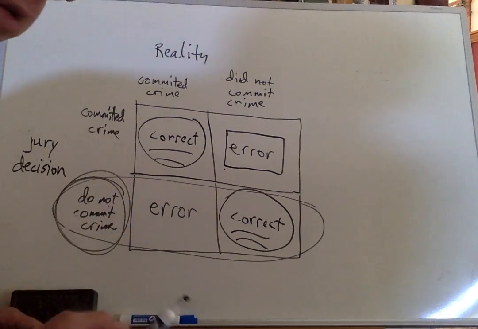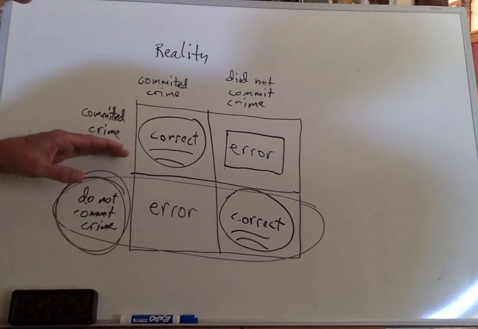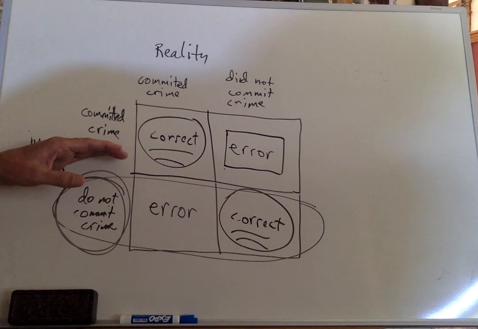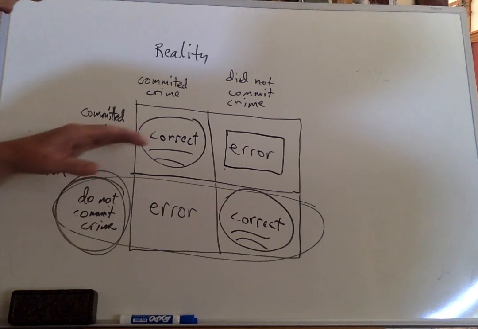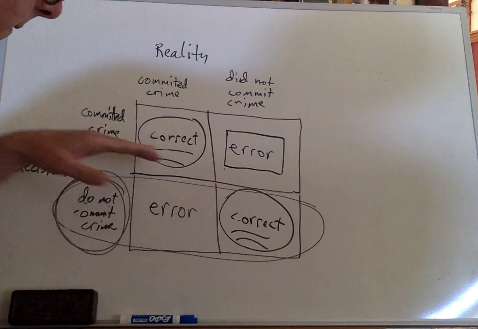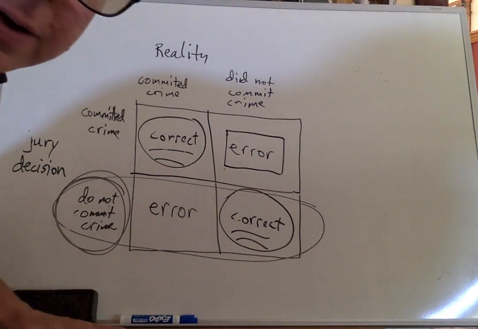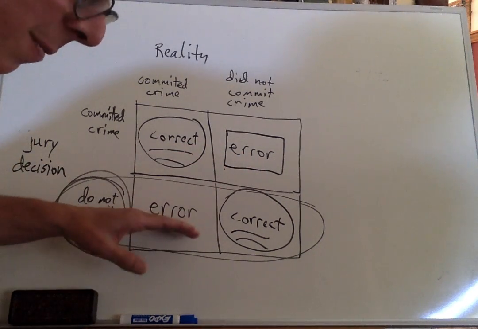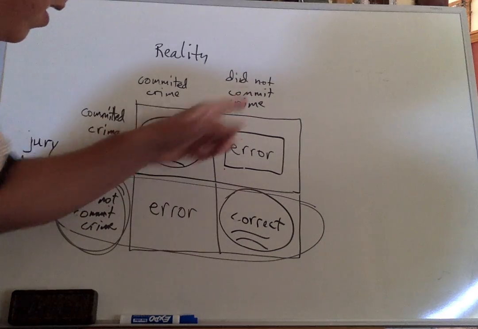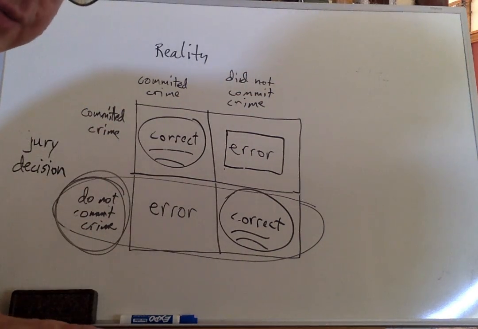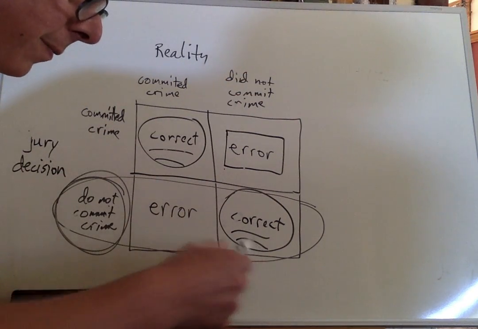Now, the judge doesn't tell you never say guilty, because we do want to be here or here, and this is the better error. Okay? Excuse me. This is the better error. This is the worst error: putting an innocent person in jail. We're going to bias toward this.